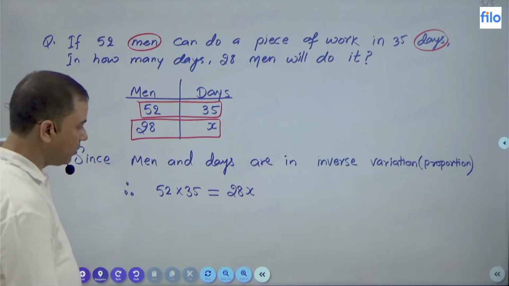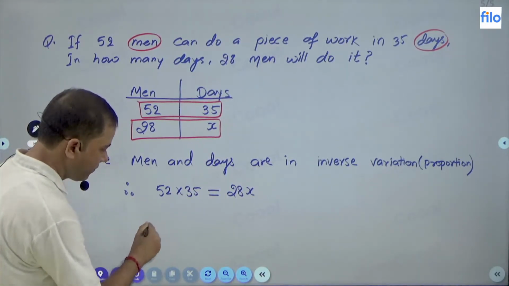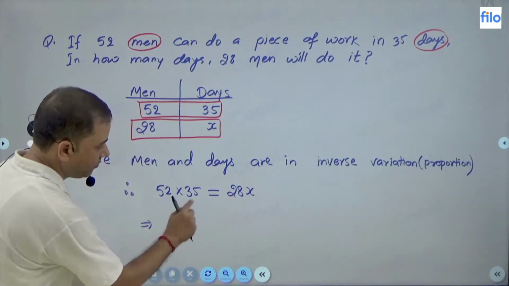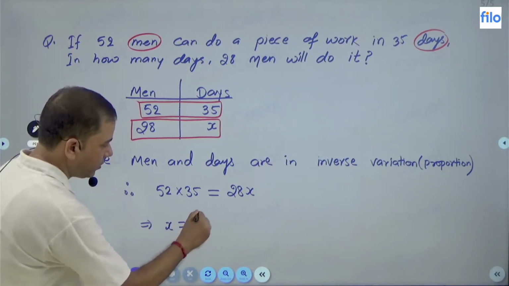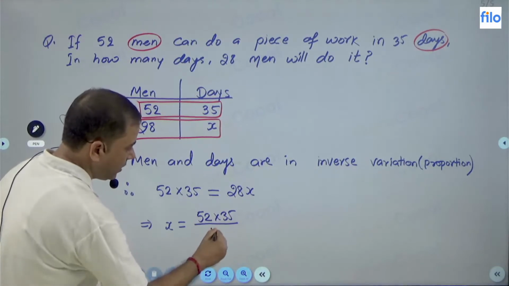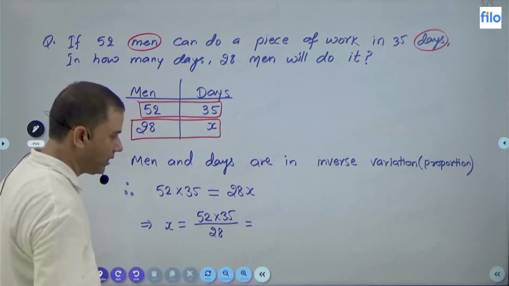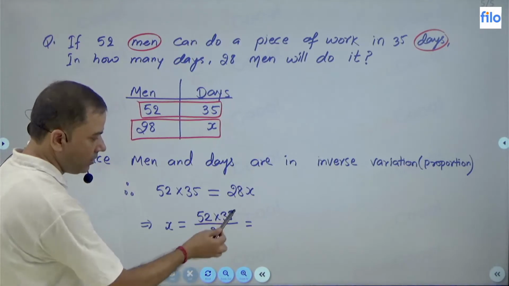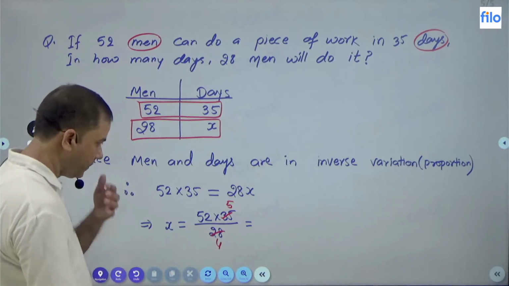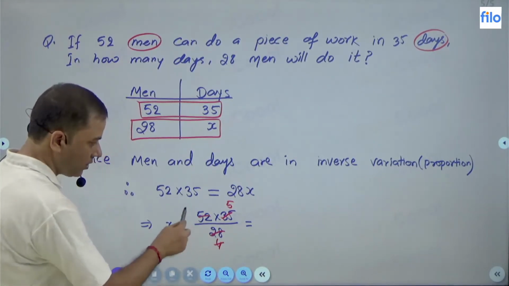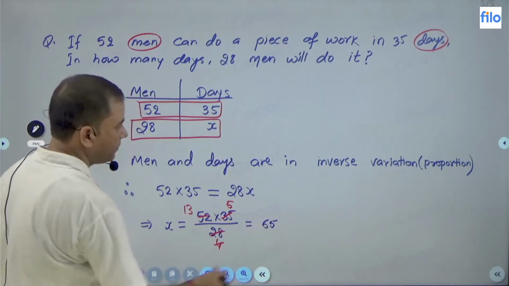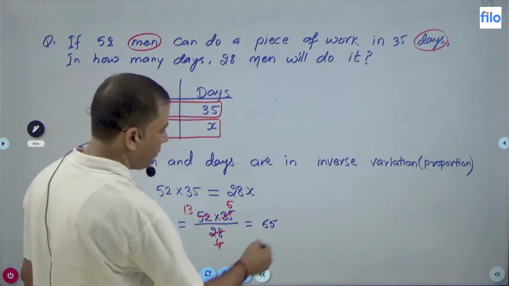Now we can get the value of x. 28 will come in the denominator here. So x is equal to 52 into 35 divided by 28. Cancel out and you will get the answer. 7 fives are 35, 7 fours are 28, and 4 thirteens are 52. So 13 into 5 is 65. We got 65. 65 days is the answer.